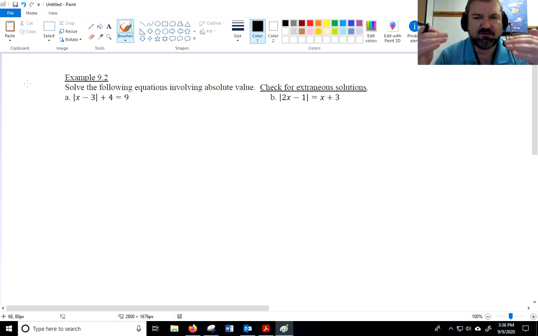So when you do algebra, we do a series of steps, and there's certain steps that never cause a problem. If I've got an equation and I subtract from both sides 4, perfect. That's a very safe move. The removing of absolute value bars as a step is not a very safe move.